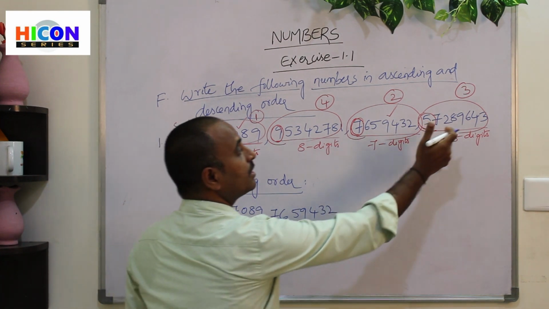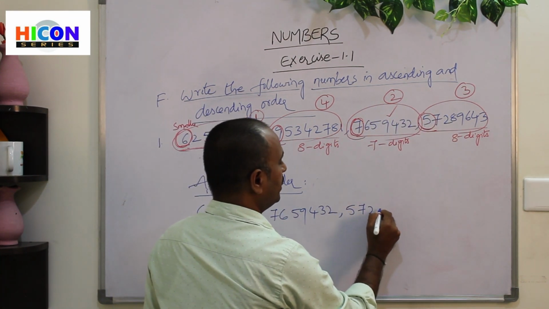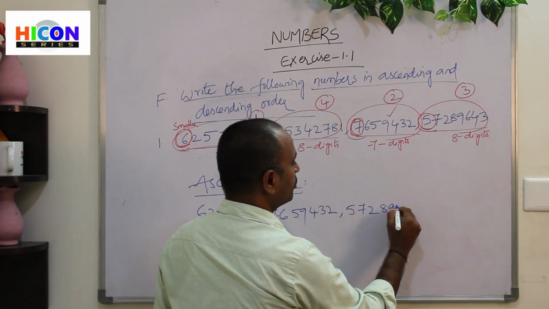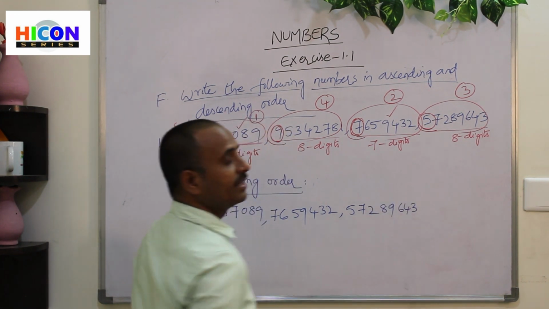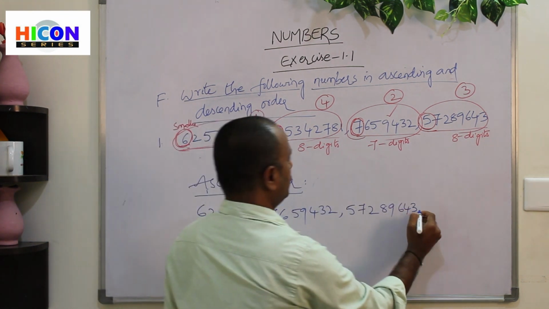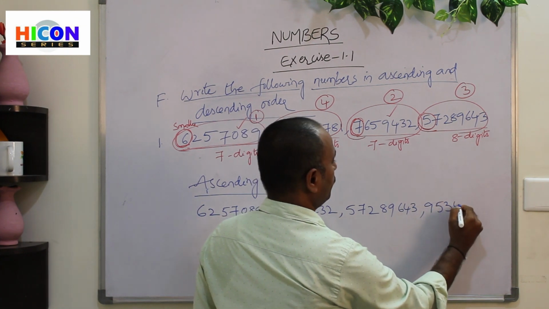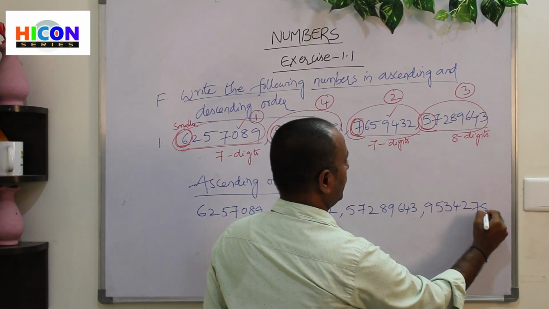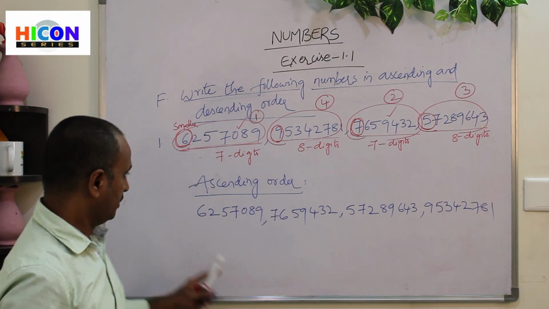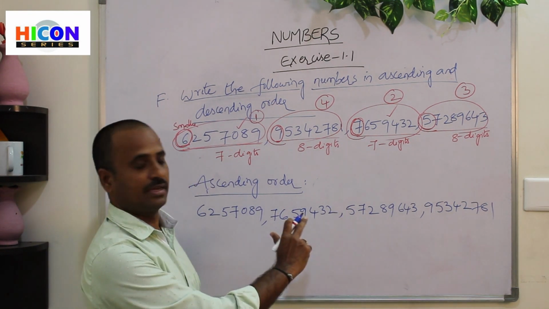The third smallest number is 5 crores 72 lakhs 89,643. And the last number, that is the greatest number, is 9 crores 53 lakhs 42,781. So children, this is the ascending order, that is smallest to greatest number.